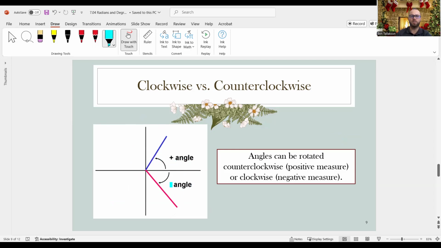But there is also such a thing as negative angles, and this is how you find them. You start still at the initial side, but you travel in the opposite direction, aka the clockwise direction. So you'll be asked to find positive and negative angles, whether they be in degrees and radians, and that's how you do it.